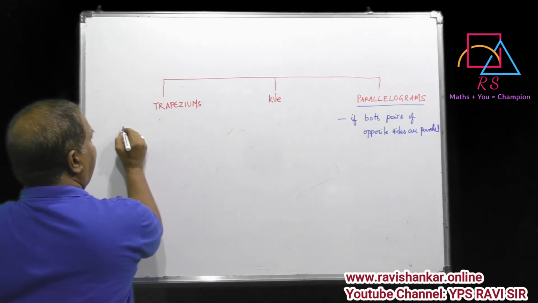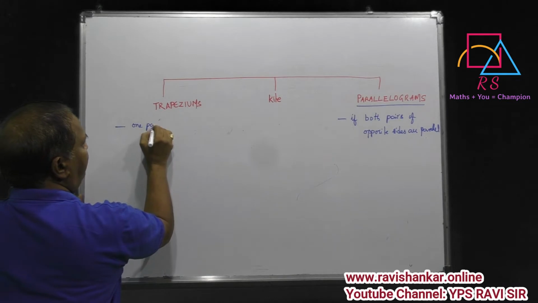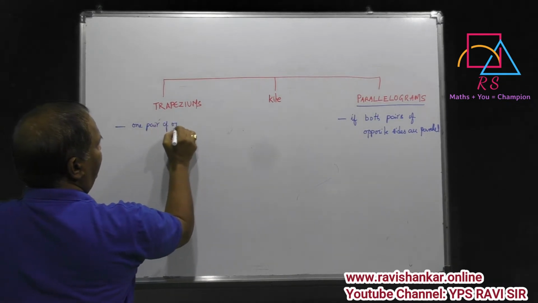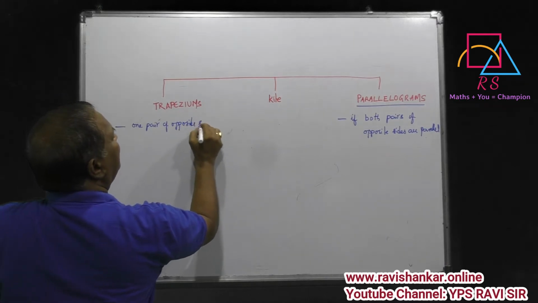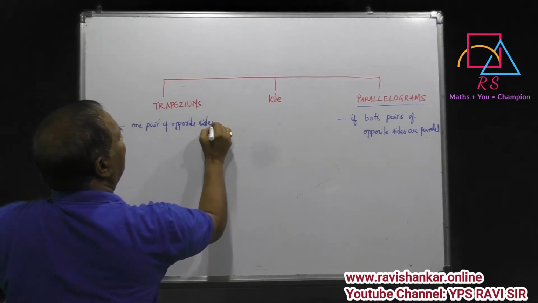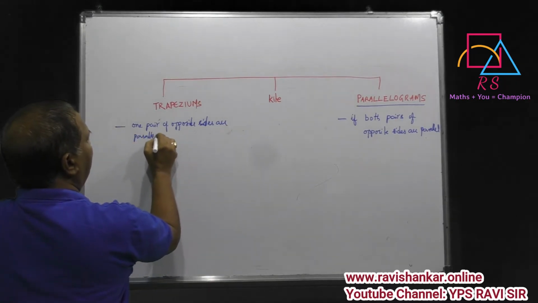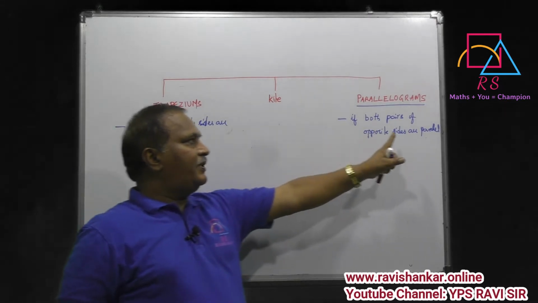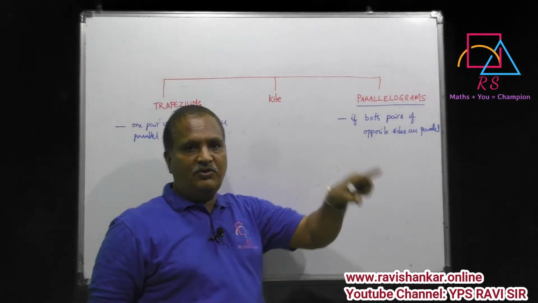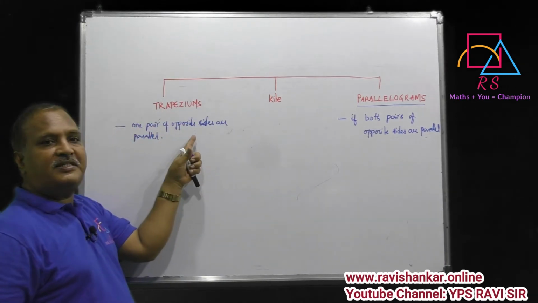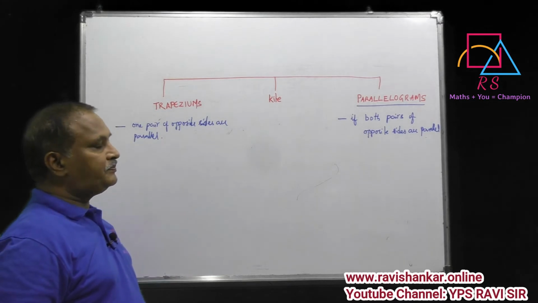That will become a trapezium. If one pair of opposite sides is parallel, it is a trapezium.